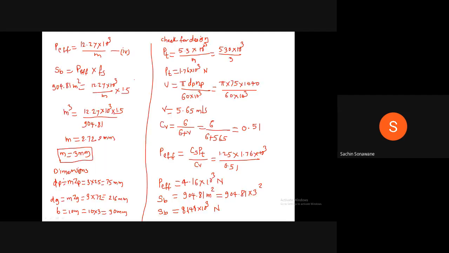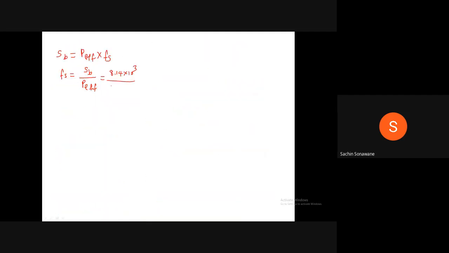Our equation, SB is equal to P effective into factor of safety. Therefore, Fs is equal to SB upon P effective, which is 8.14 into 10 raised to 3 divided by 4.16 into 10 raised to 3.